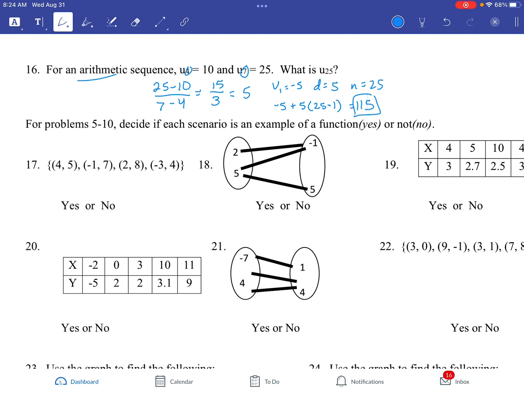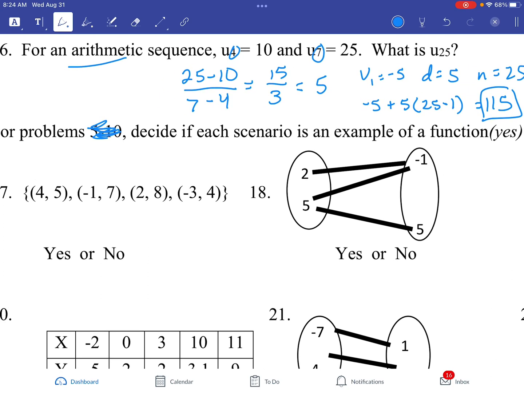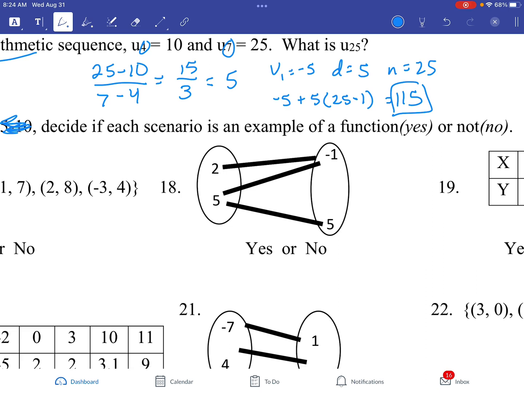Oh, that shouldn't say 5 through 10. Ignore that. All right, we want to find out if these are functions, yes or no. So the first one, all the x's have their own distinct y's. So every x has its own y. So that would be a yes. For the next one, this would be a no because 5 has 2 y's.